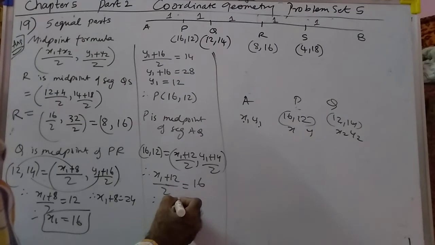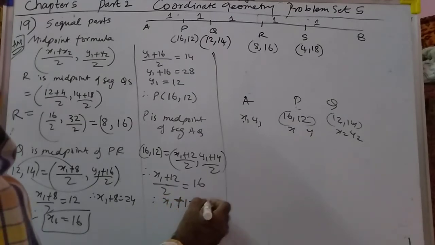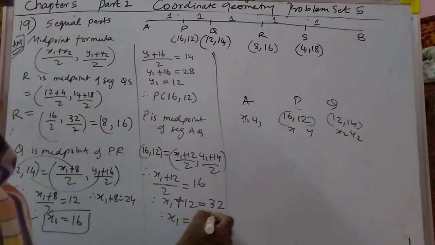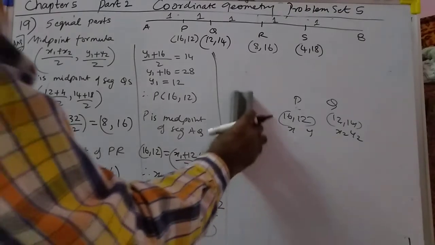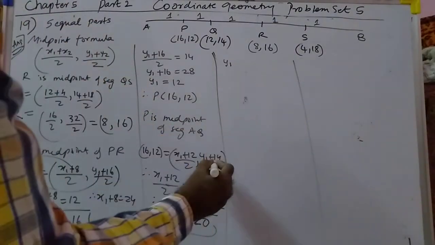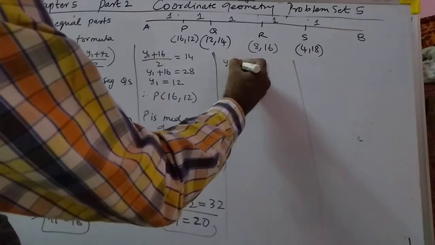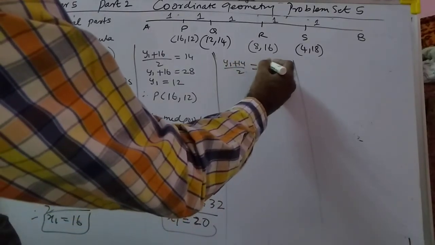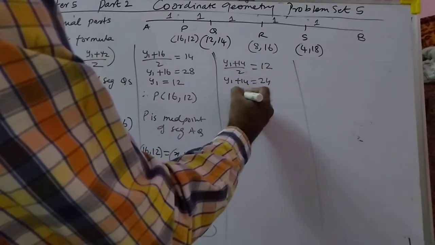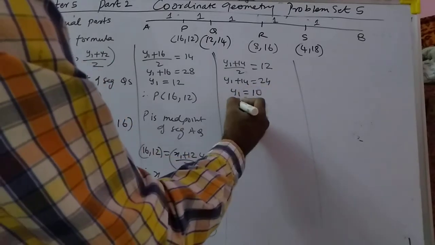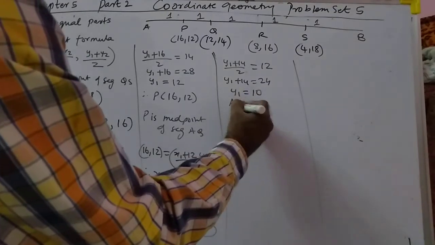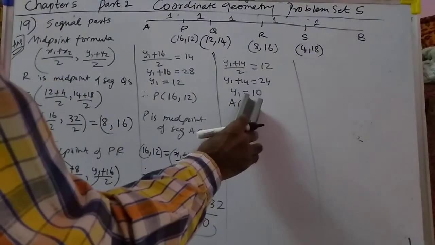Therefore x1 plus 12 is equal to 32. Therefore x1 is equal to 20. Now calculate for y1. y1 plus 14 upon 2 is equal to 12. So y1 plus 14 is equal to 24. So y1 is equal to 10. Therefore point A is 20 and 10.